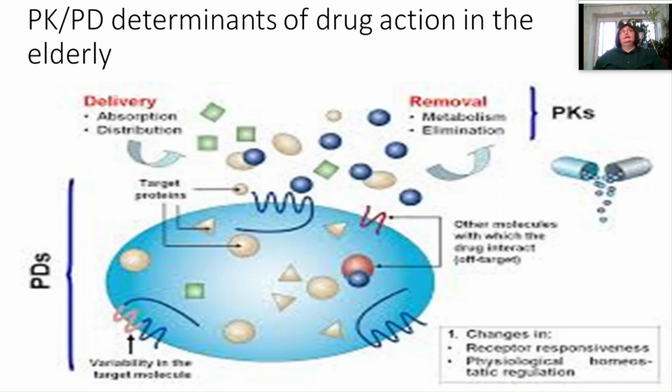Maybe we can pay attention to different sensitivity of receptors, affinity of receptors. And why? Because different affinity of receptors will dictate different efficacy as well. And it's also physiological homeostatic regulation. And remember that in parallel this elderly patient group has problems with homeostasis too.